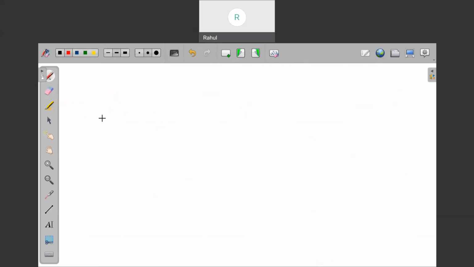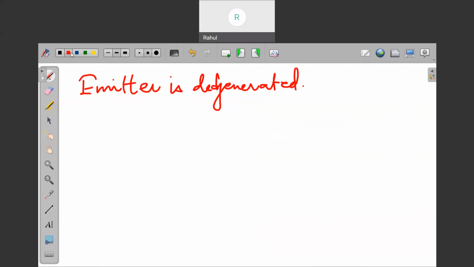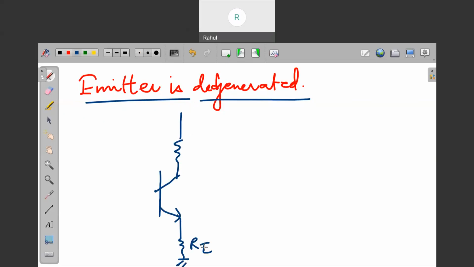Suppose the emitter is degenerated. What will happen here is that this RE will be present here, and this is RC, this is VI.